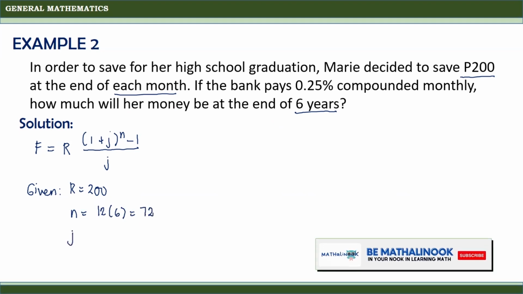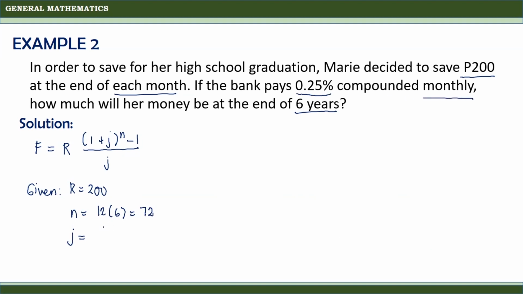Next, the value of J. According to the problem, the bank pays 0.25% compounded monthly, so J will be equal to 0.0025 divided by 12, which is equal to 0.0002083.